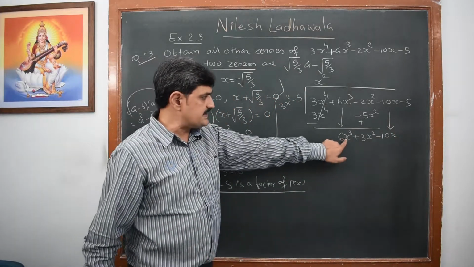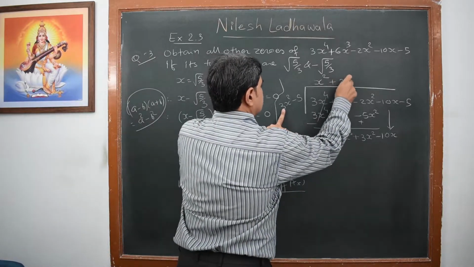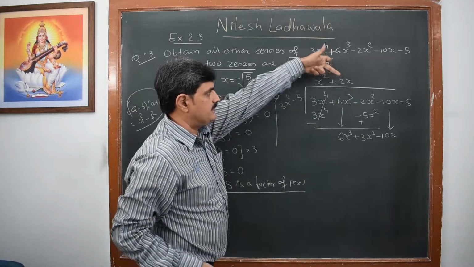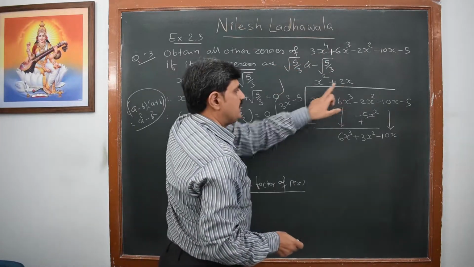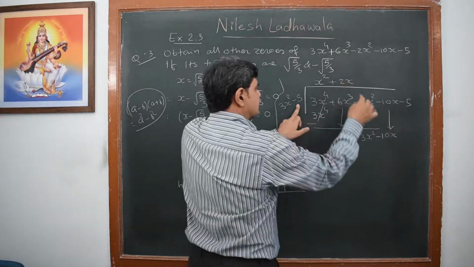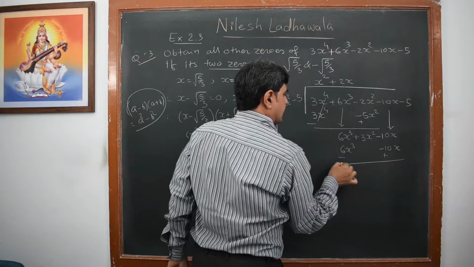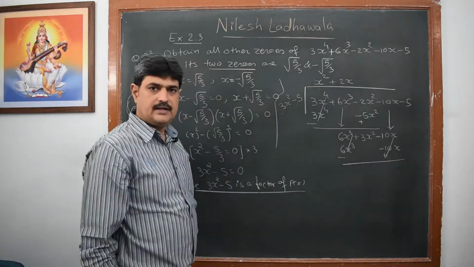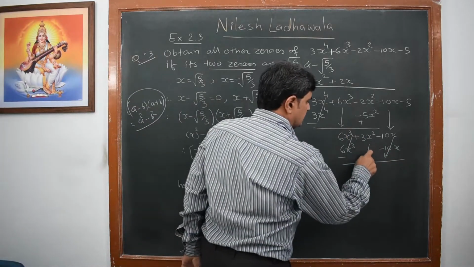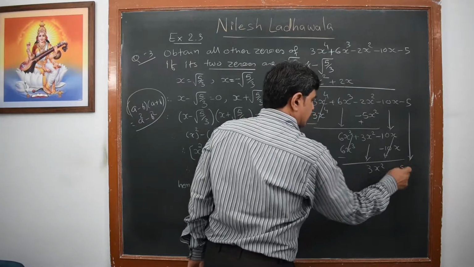Now I want 6x raised to 3. For that I should multiply 3x squared with 2x. Now I should multiply 2x with both the terms. So 2x multiplied by 3x squared, that will be 6x cubed. 2x multiplied by minus 5, that will be minus 10x. And now I have changed the sign. Okay. Now I have to write 3x squared as it is and I have to obtain here minus 5.